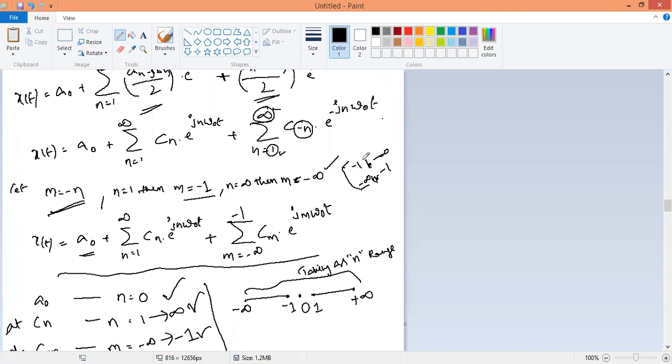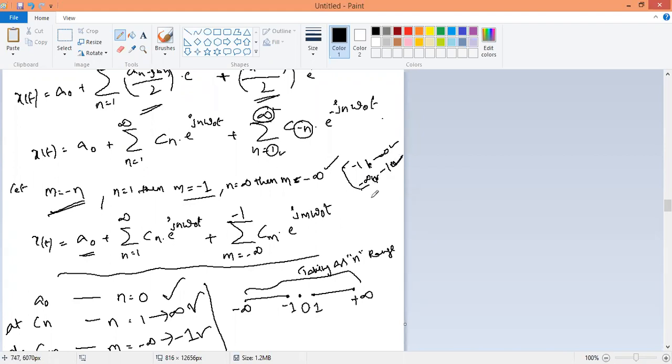So here, see the sequence: is minus 1 to minus infinity correct, or minus infinity to minus 1? No, minus infinity to minus 1 is the correct sequence.